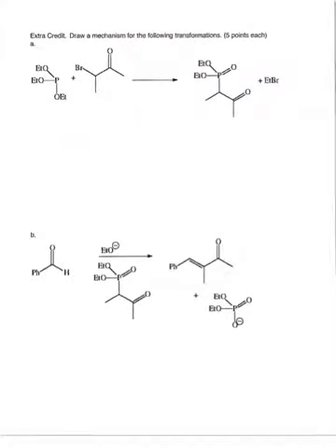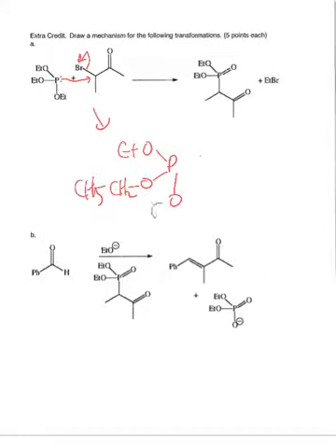And the next question, the extra credit, we have a simple SN2 where the phosphorus has a lone pair. It comes in and attacks the alpha carbon, kicking out the bromine, which gives us this with a positive charge on the phosphorus, and then the bromine comes in, does another SN2, kicks it out, and bam, we're done.